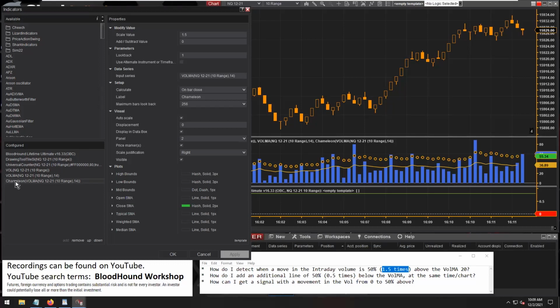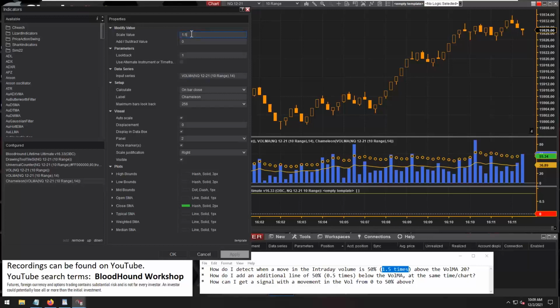So Chameleon is not working on price. It's not using the instrument price to do its calculation. It's using the volume MA as the input for doing its calculations. The reason why we're using Chameleon to get 1.5 times the volume MA is because Chameleon has this scale value input.